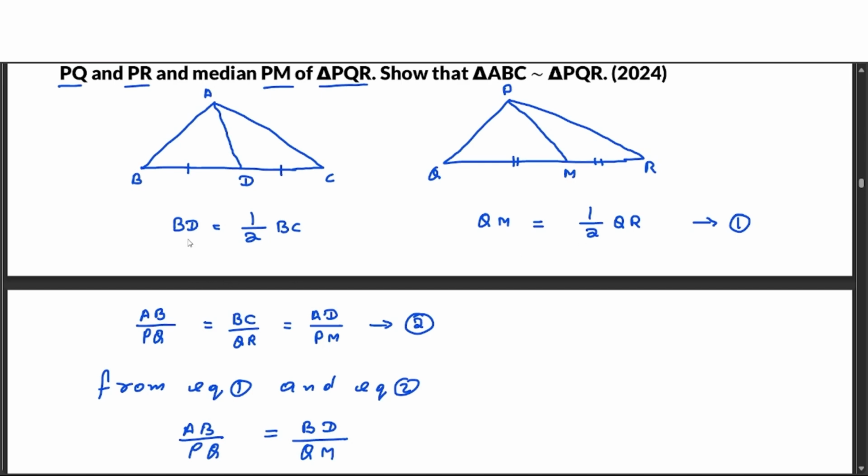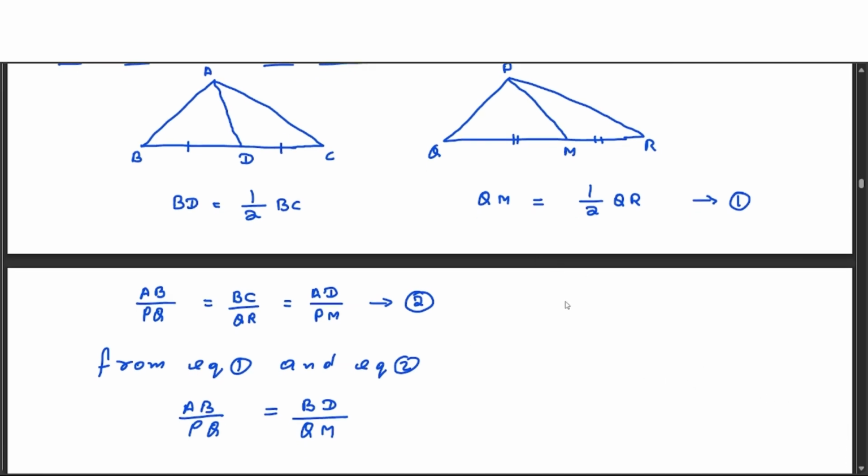So if the sides are in equal ratio, their halves are also in equal ratio. Therefore we can now say triangle ABD is similar to triangle PQM by the triple S criteria.